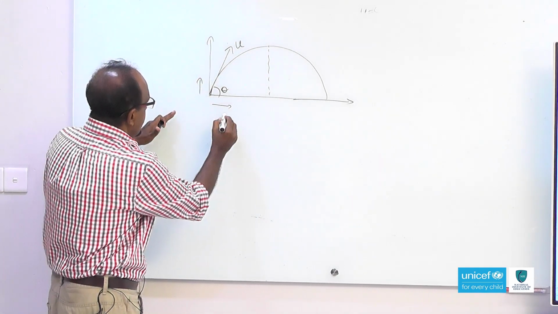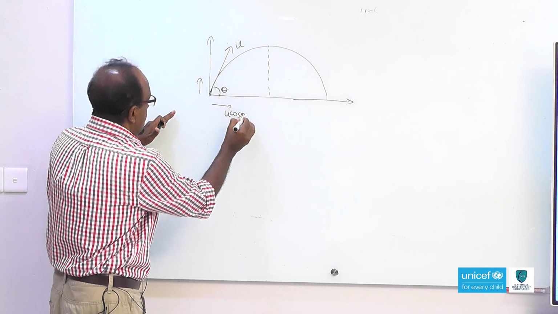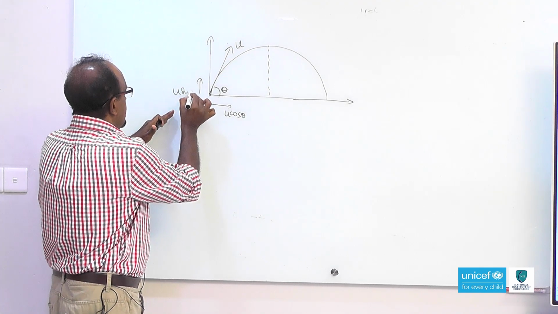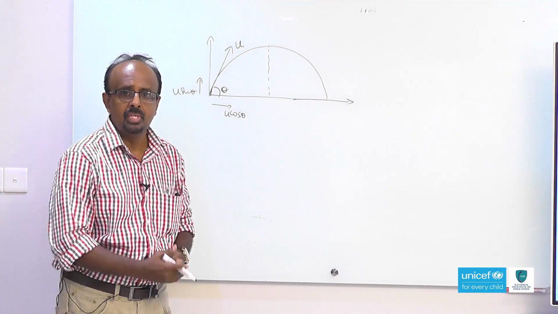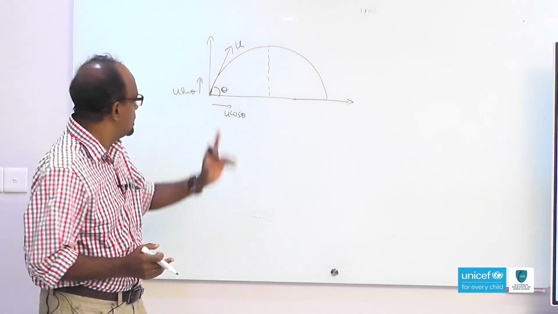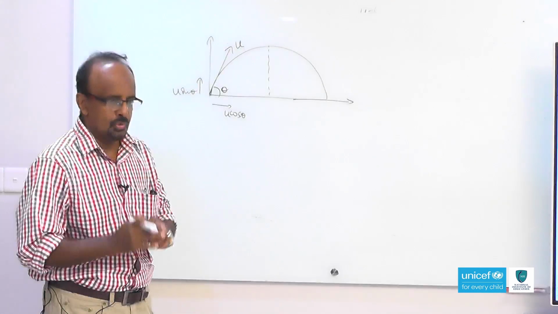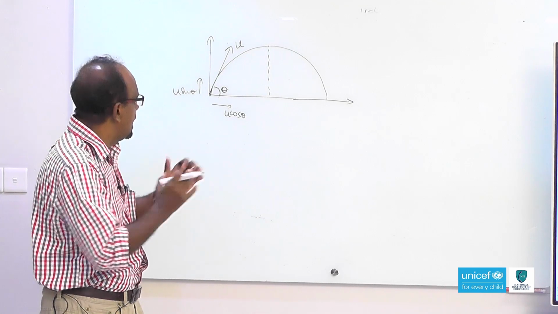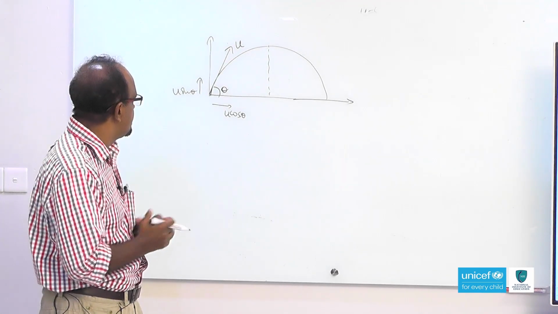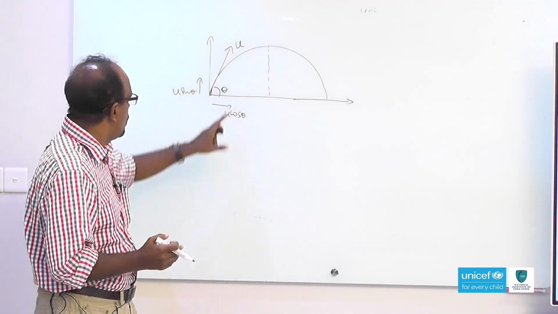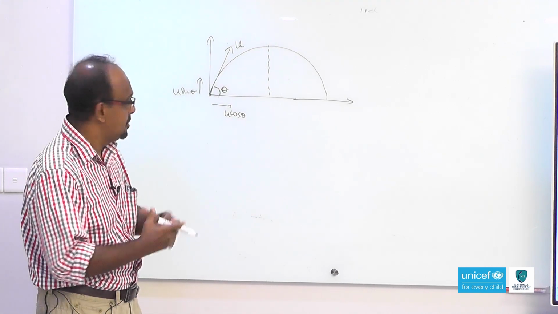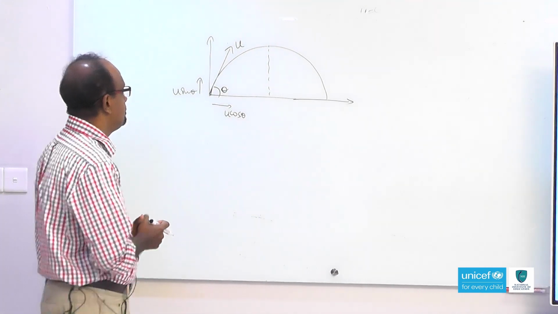So horizontal direction u cos theta, vertical direction u sin theta. That is the first thing we have to do. For this also they are giving the marks. So with the help of a diagram, you can show these things. All this theta and u will be given, so easily you can work it out.